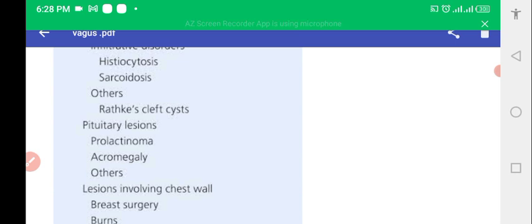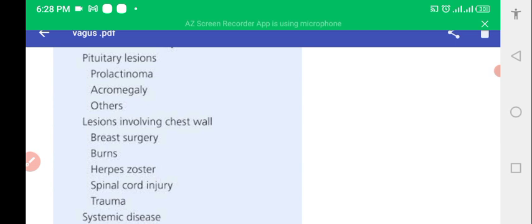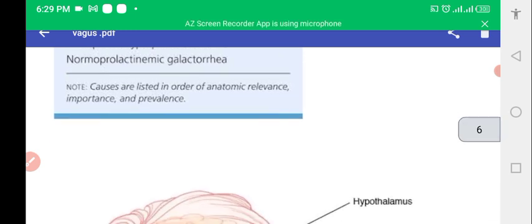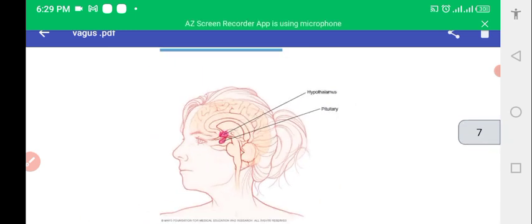Acromegaly is also a pathological cause of galactorrhea. Lesions of the chest wall can also result in galactorrhea: burns, herpes zoster, spinal cord injury, and trauma. Certain diseases like hypothyroidism and medication-induced hyperprolactinemia can also cause galactorrhea. As you can see in this picture, if there is any involvement of the cranial cavity or pituitary gland, then galactorrhea can develop.